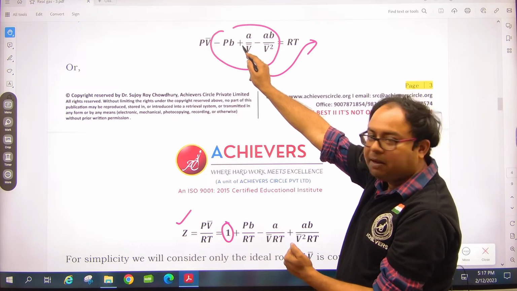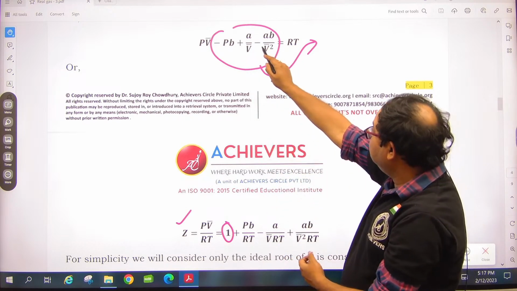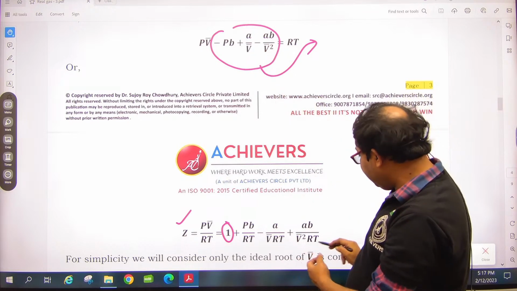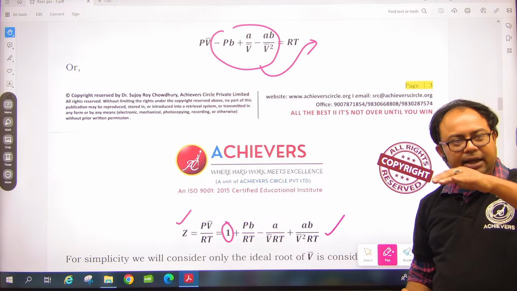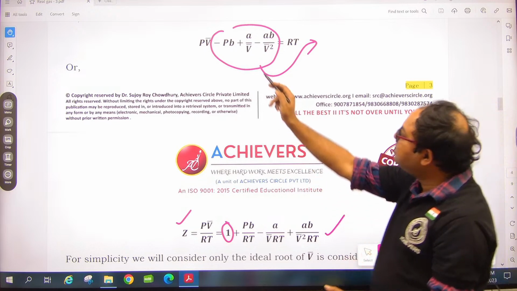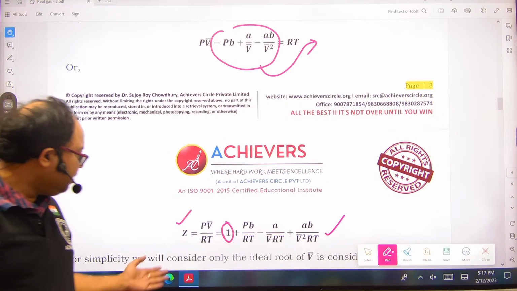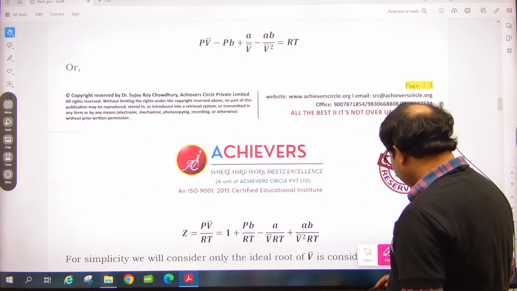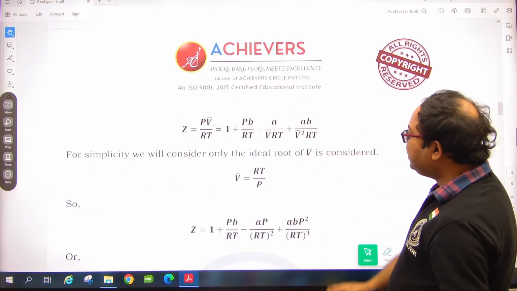This plus sign becomes minus A by V bar RT. This minus sign becomes plus AB by V bar square RT. You have divided by RT all throughout and you have brought this entire thing in the right hand side. So I've got the expression of Z.